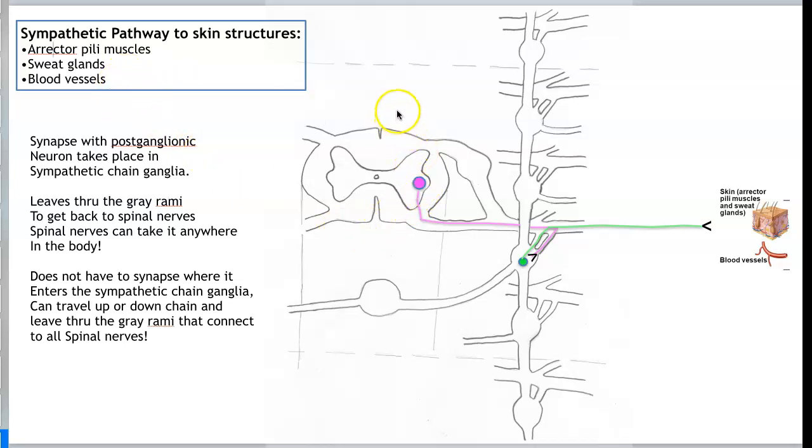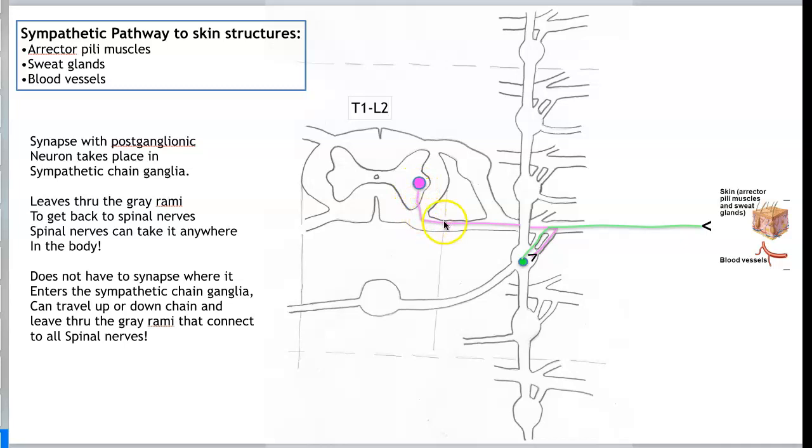So, this is T1 through L2. Write that down. T1 through L2. We are in the lateral horn at levels T1 through L2. Our preganglionic axon fiber is going to leave.